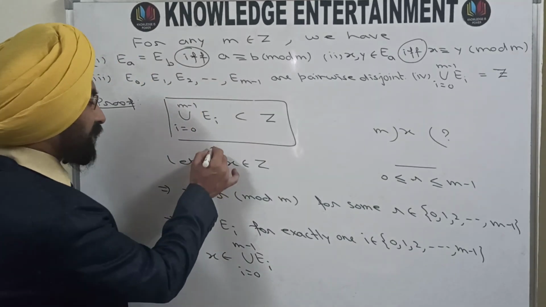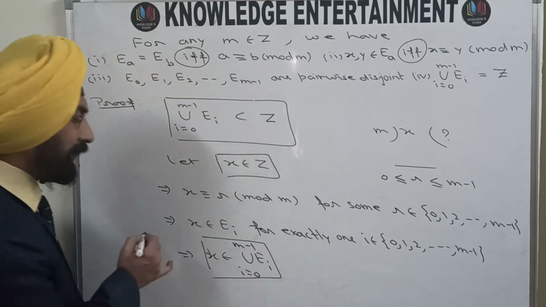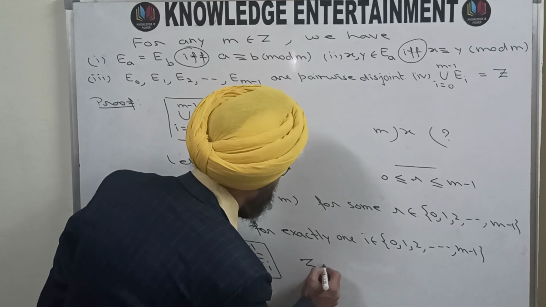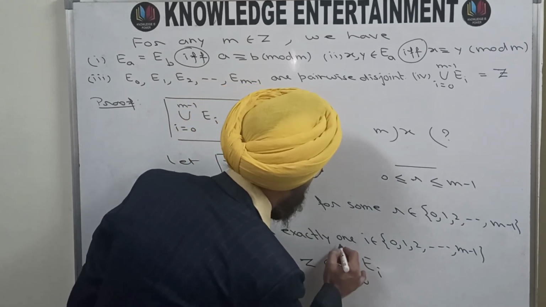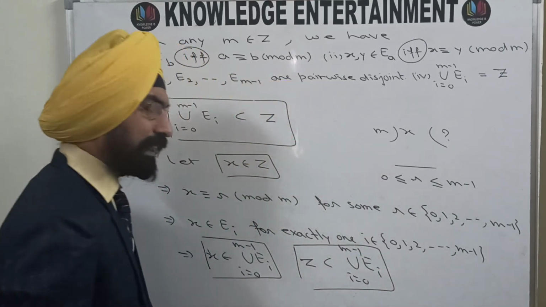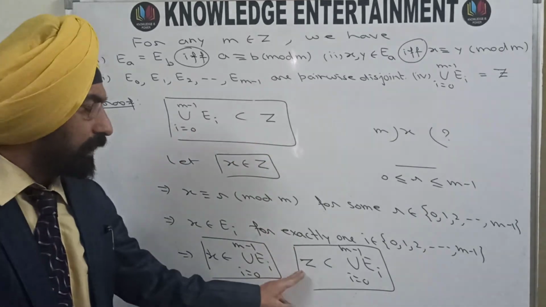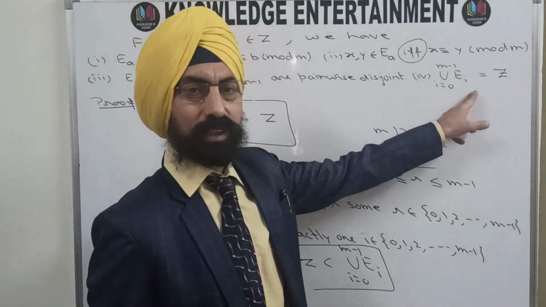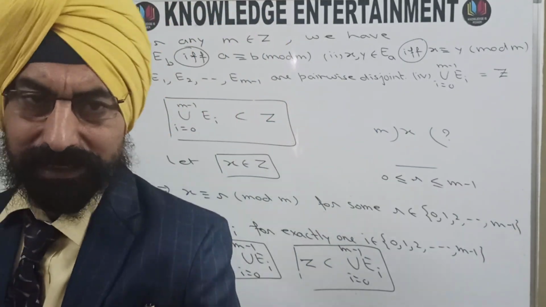You have taken x from Z and x is coming out to be in the union of Ei, which means your Z is a subset of the union of Ei, i varying from 0 to m minus 1. And earlier we have seen that the union is a subset of Z and now Z is a subset of the union, so they must be equal. That means the union of Ei, i varying from 0 to m minus 1, is nothing but the set of integers.